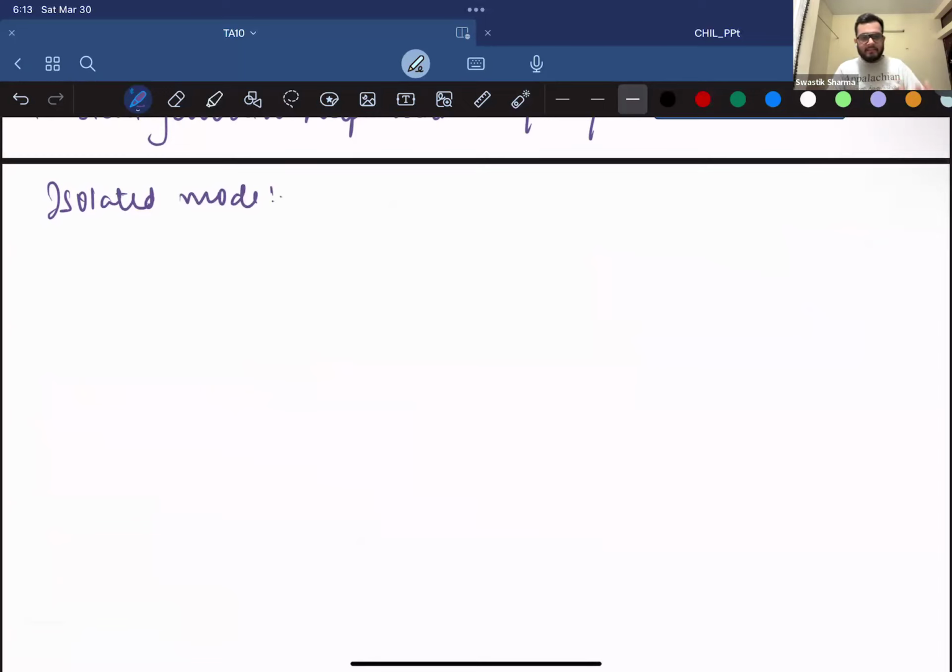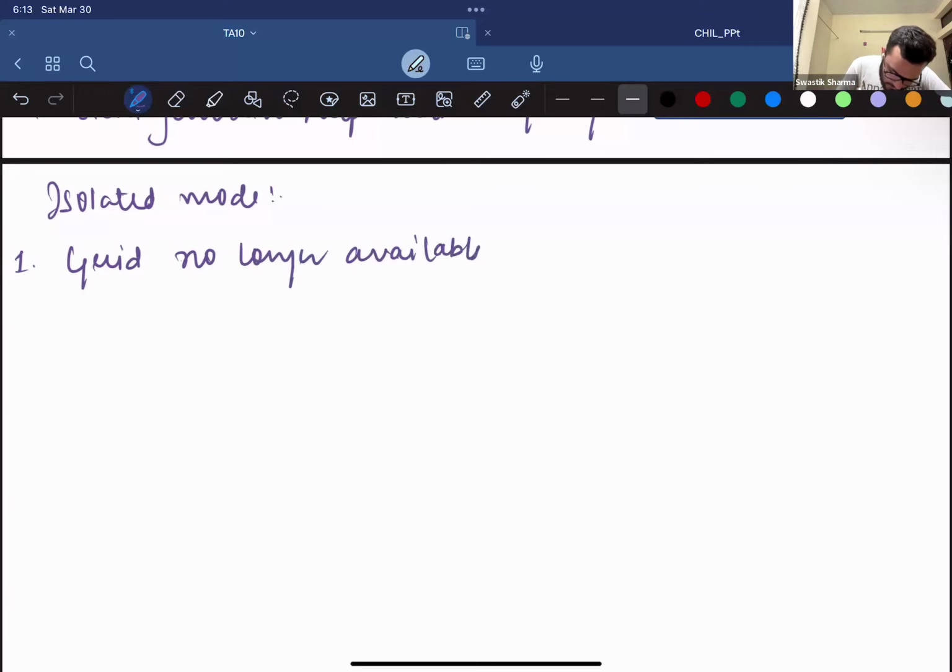Now, in isolated mode of operation, we've discussed these points clearly when we discussed the operation of AC microgrid. If you have any troubles, you can rewatch that lecture, but we'll do a short review of that whole concept as well. So your grid is no longer available, right? If your grid is no longer available and you have a PV, at what point will the PV be operating? Will it be operating at MPPT or off MPPT?